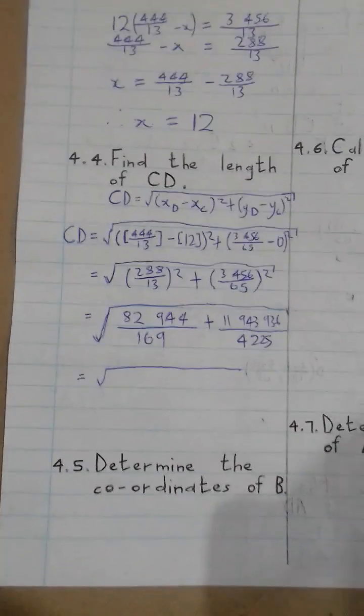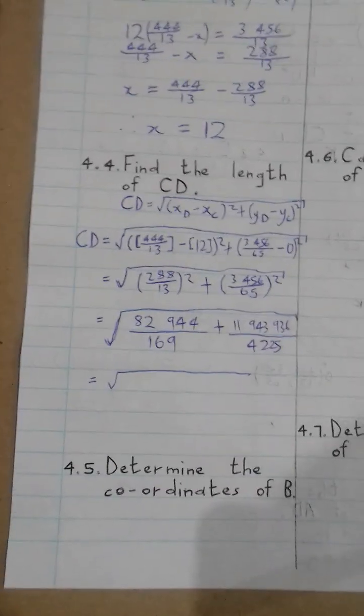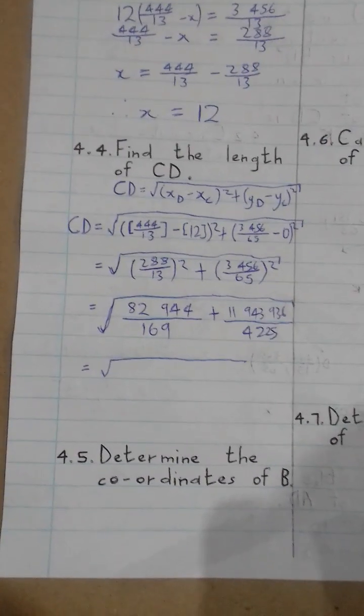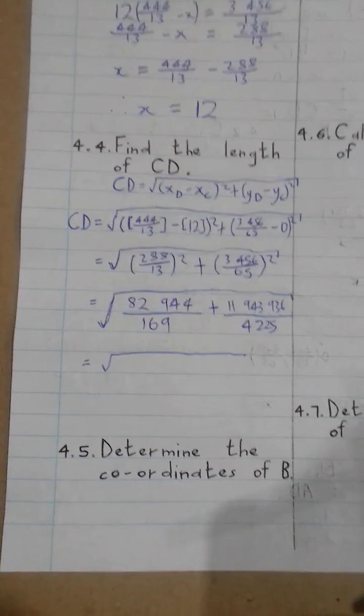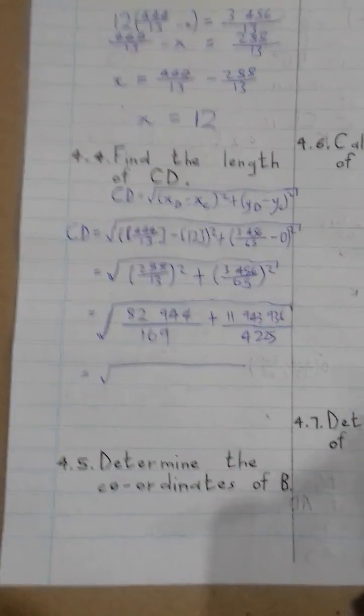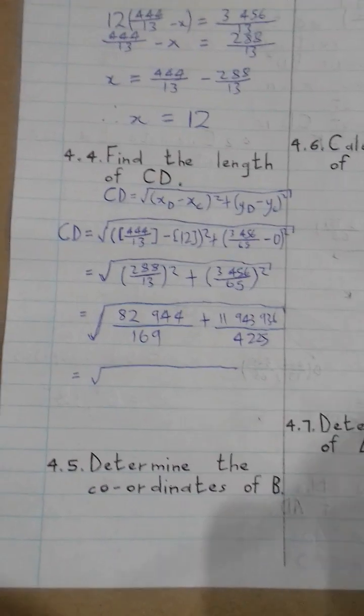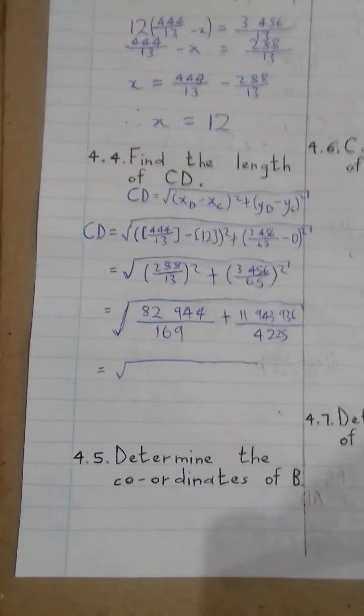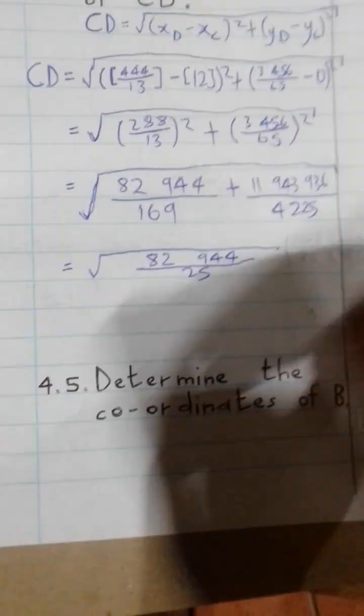82944 over 169 plus 11943936 over 4225 gives 82944 over 25.